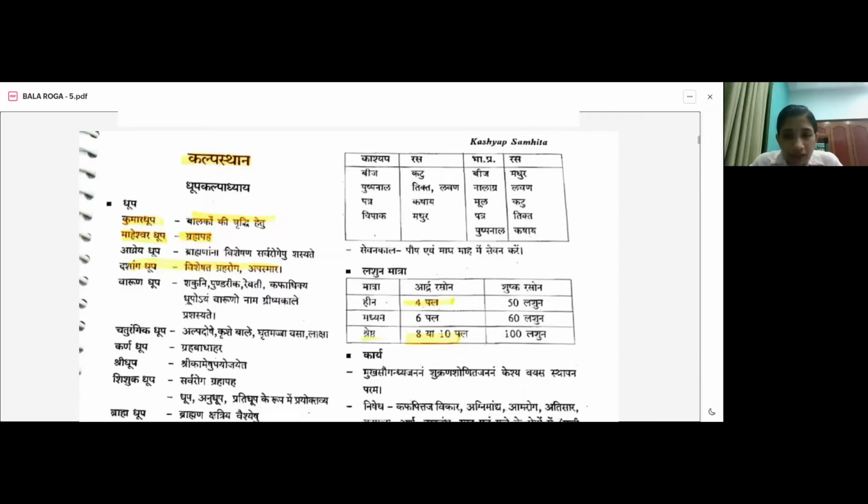Whereas in case of Shushka Rasona, the Hina Matra is 50 Lashuna, the Madhyama Matra is 60 Lashuna, and the Shreshta Matra is 100 Lashuna. Okay. So for Ardra Rasona, 8 or 10 Pala is the Shreshta, whereas in Shushka Rasona, 100 Lashuna is the Shreshta Matra. Okay.